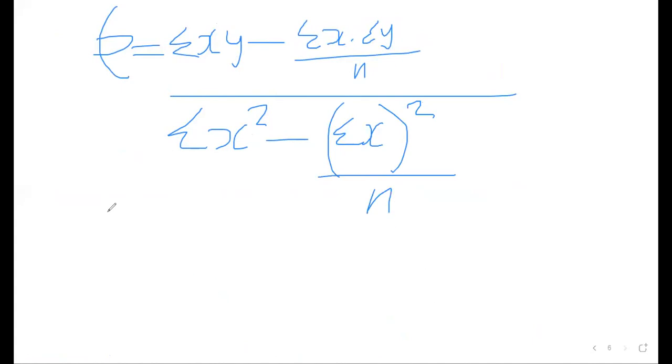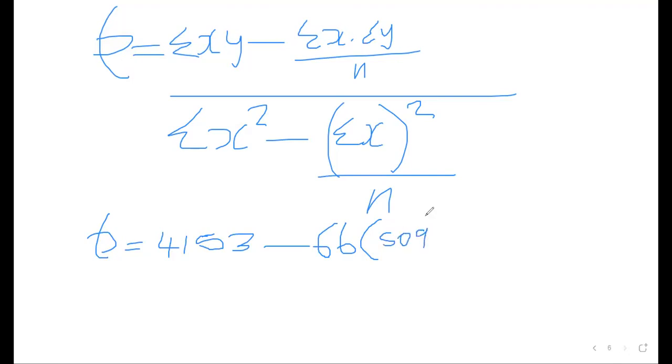So our b is going to give us summation of XY, which is 4153, minus summation of X, 66, multiplied by summation of Y, 509, over 11.